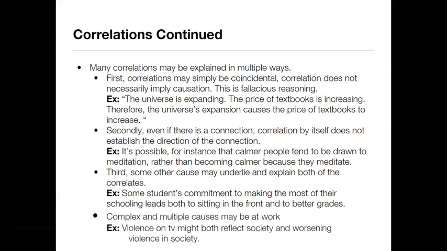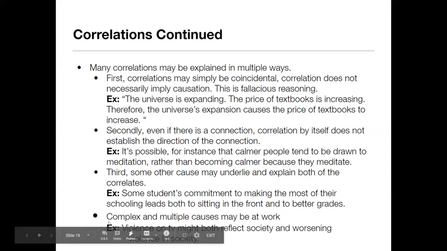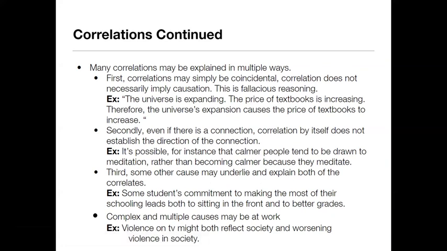And then for a lot of cases, complex and multiple causes may be at work. So I think violence on TV could be both a reflection of society and also worsening violence, be both a cause and a reflection of certain forms of violence, but right, it can be very complicated.